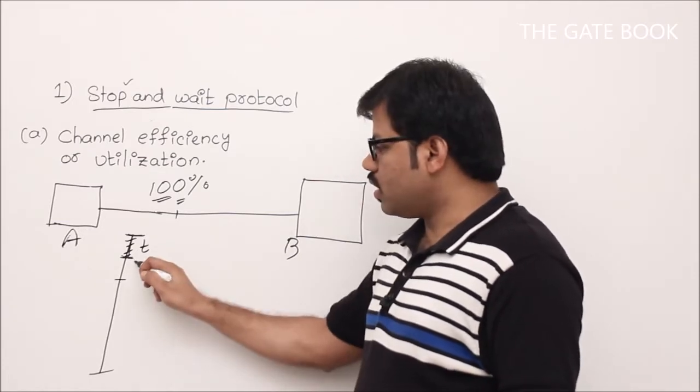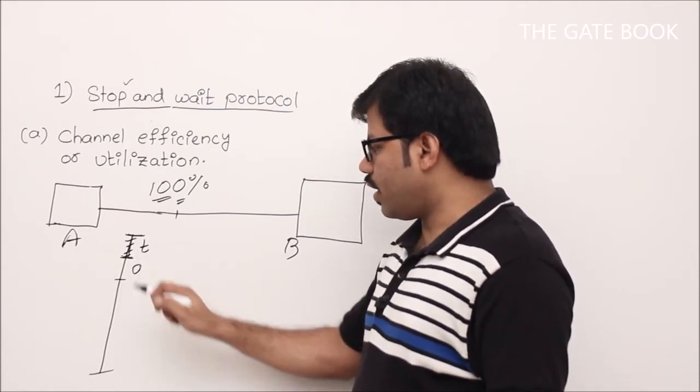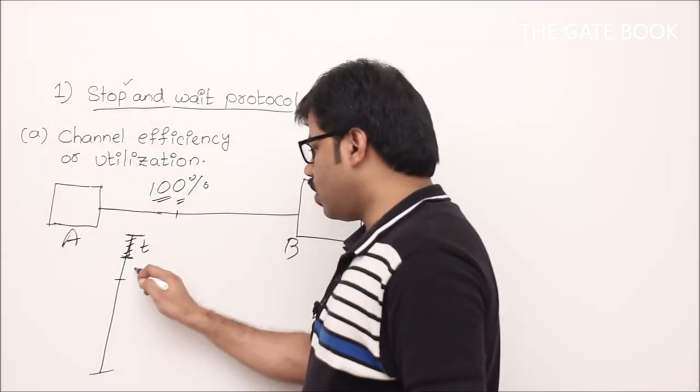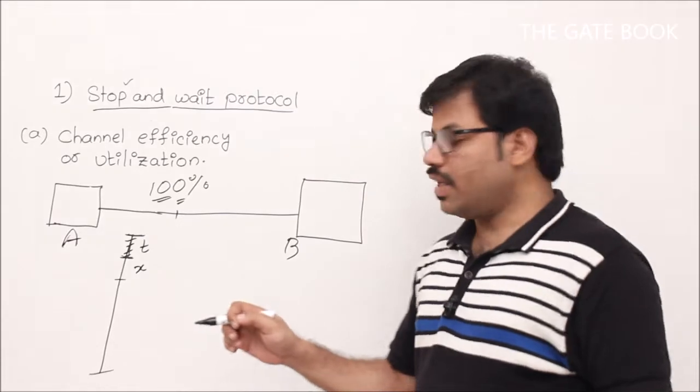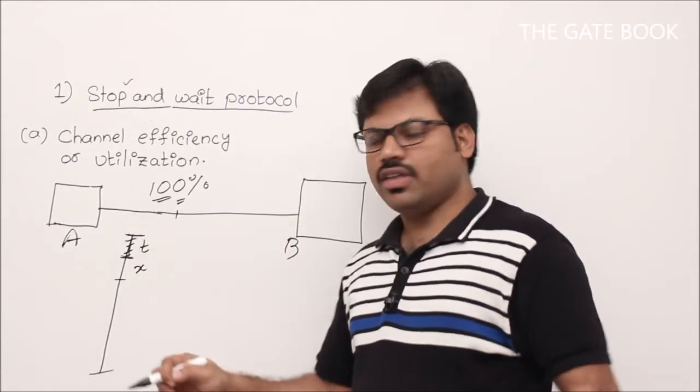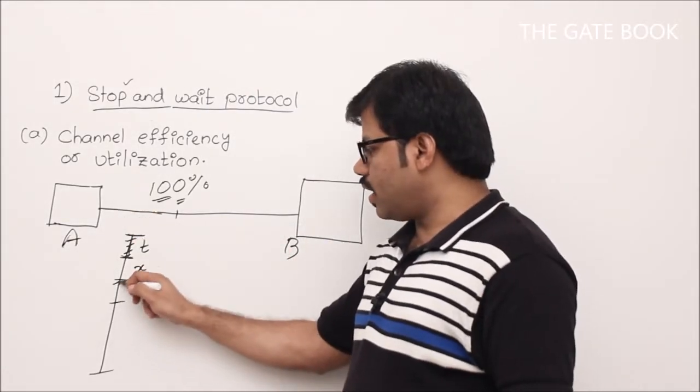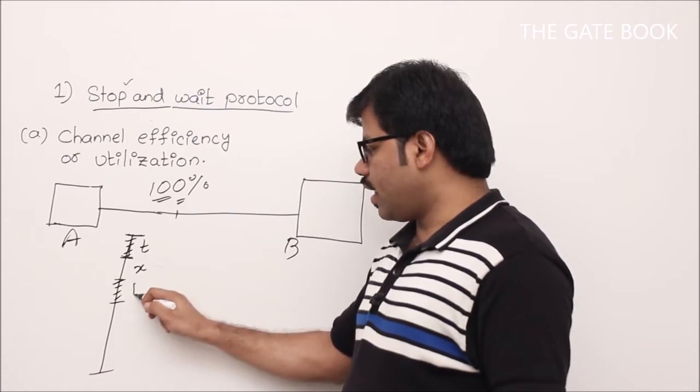Let's call the time for the acknowledgement X. Since there is no error in the link, you definitely get the acknowledgement. After that you start sending another frame, and it again takes T time.